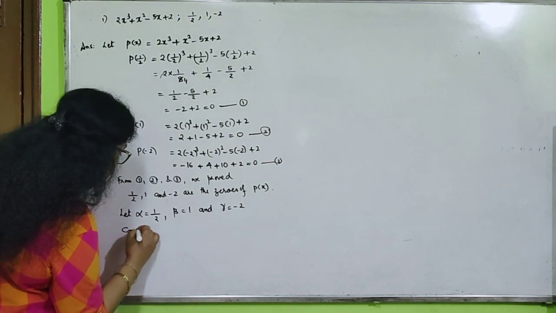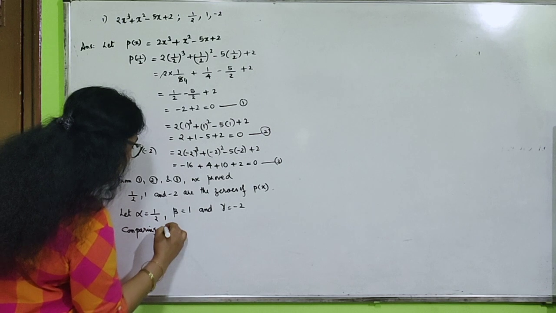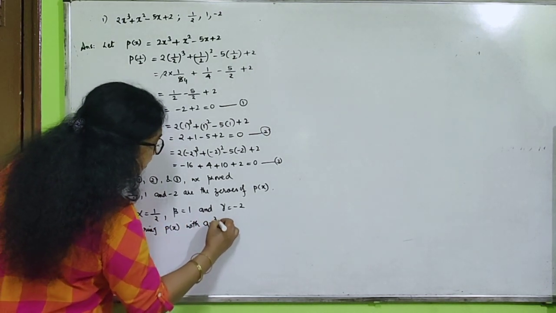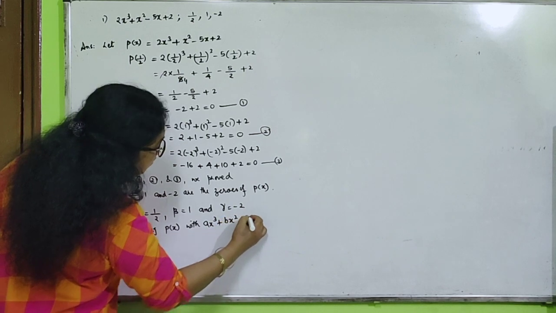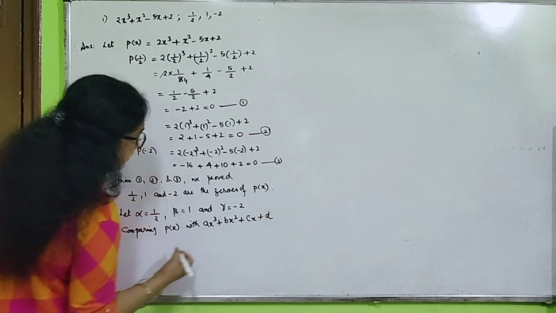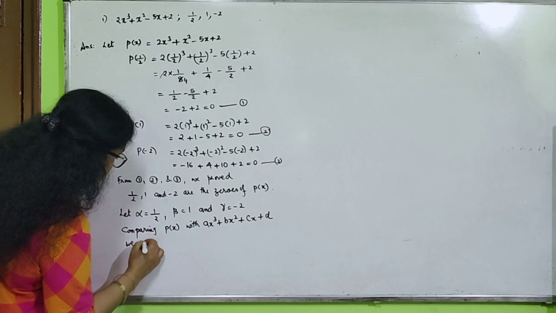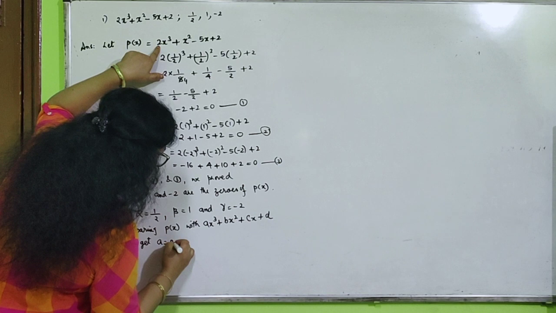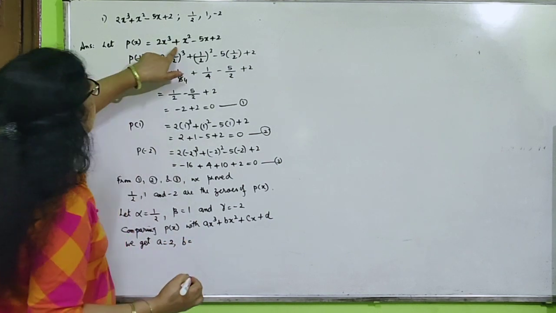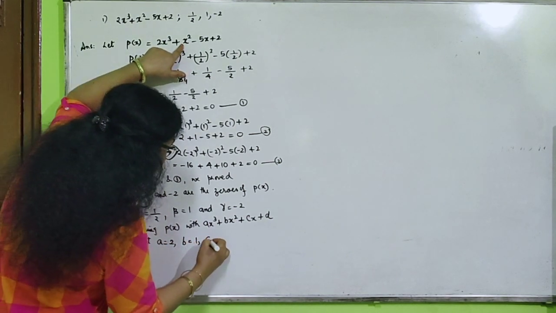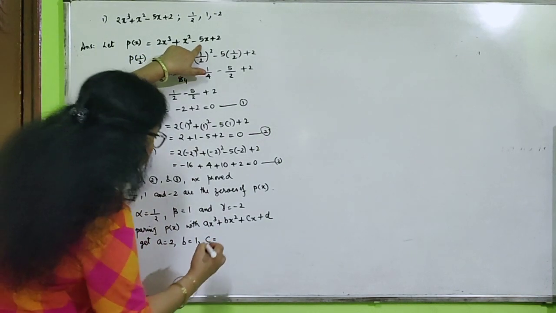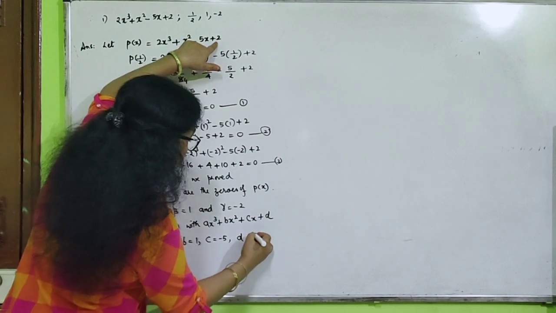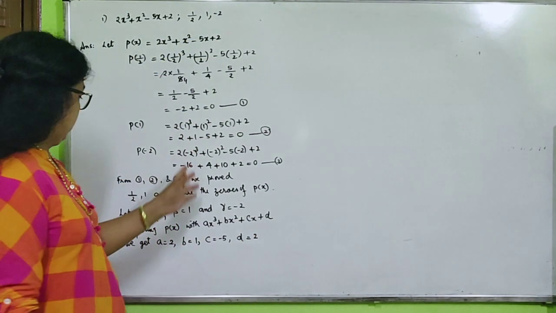Comparing p of x with ax cube plus bx square plus cx plus d, we get the value of a is 2, the value of b is 1, the value of c is minus 5, and the value of d is 2. So first write that out.